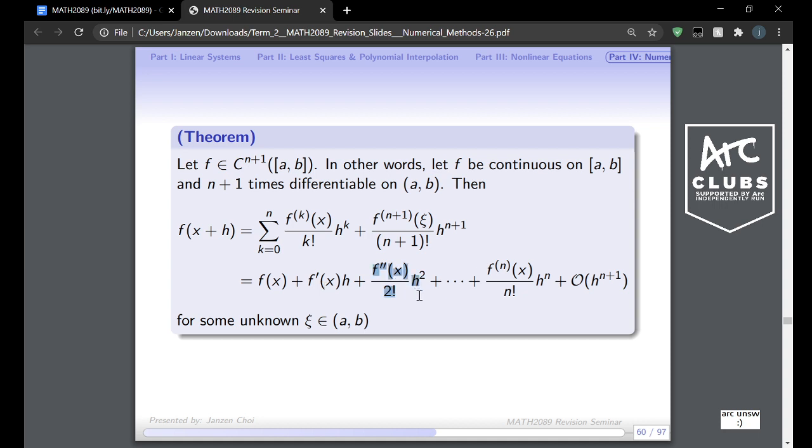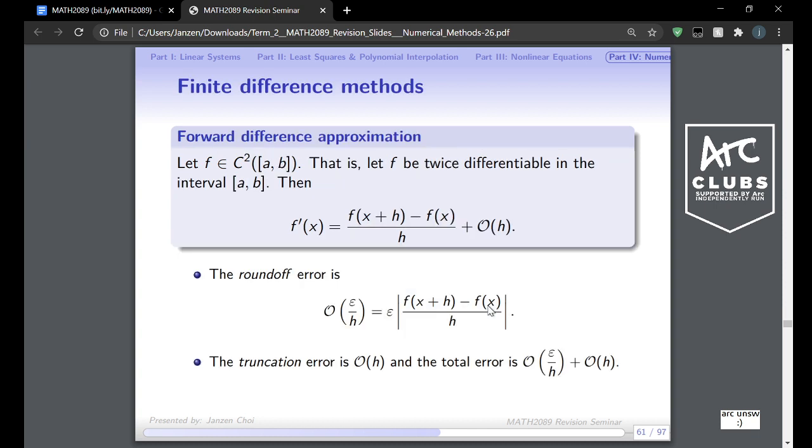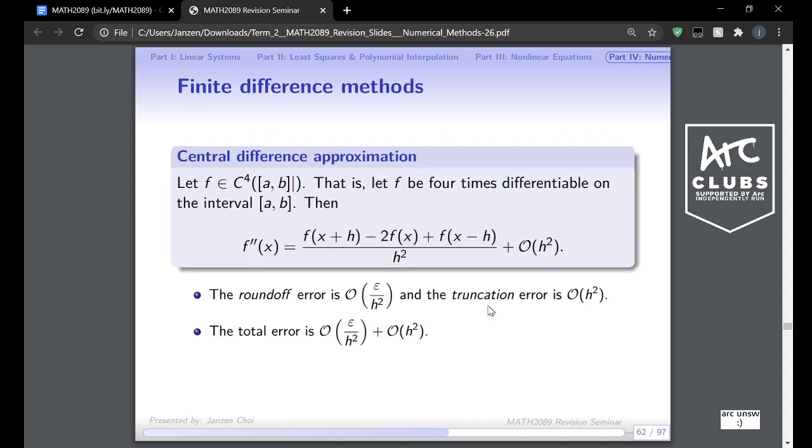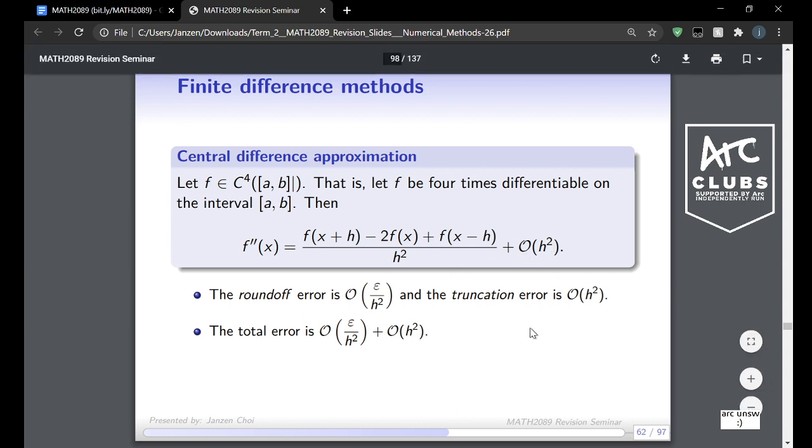We ignore this term here to get the first order central difference approximation equation. The truncation error for central difference approximation for both single and double derivatives is O(h squared). This is in comparison to the truncation error for the forward difference approximation of O(h).